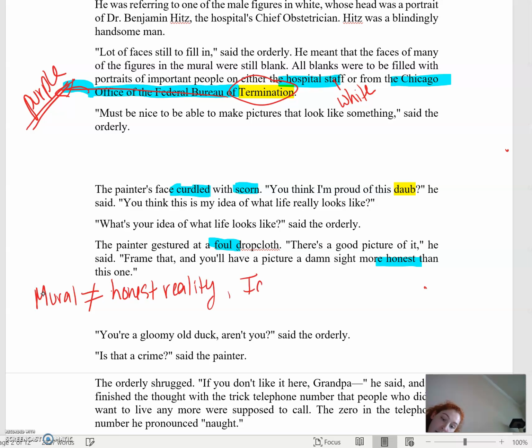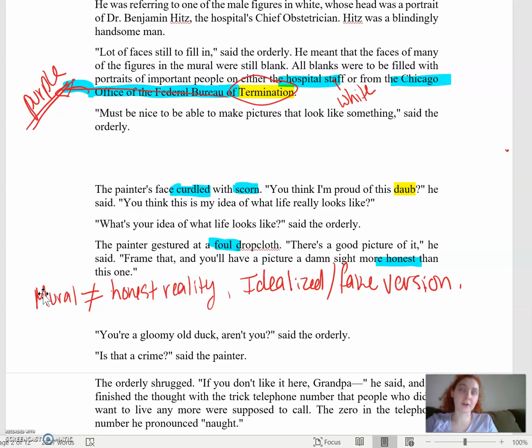It's like an idealized or a fake version. And so whatever it is that it's trying to represent or trying to glorify, it's also sort of over-idealizing it as opposed to representing it truly.